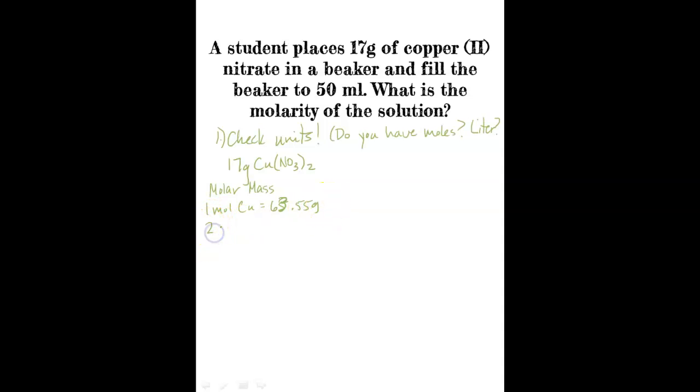Then I have 2 moles of nitrogen. That's going to be 14.01 times 2. And then remember I have 6 moles of oxygen. Each oxygen is 16.00 grams, and I'm going to multiply that by 6 so that I have 1 mole of CuNO3 having a mass of 187.57 grams.